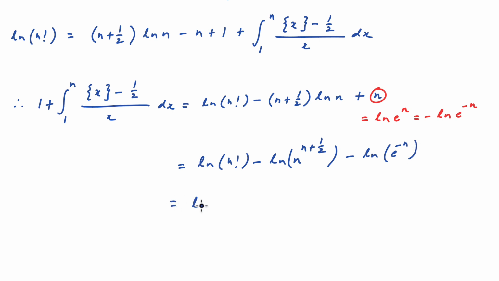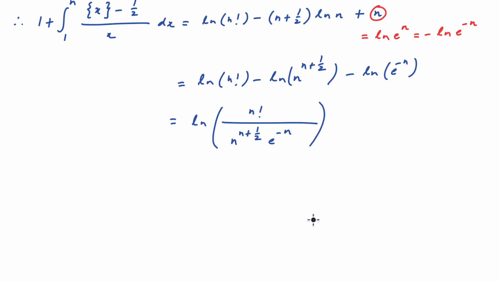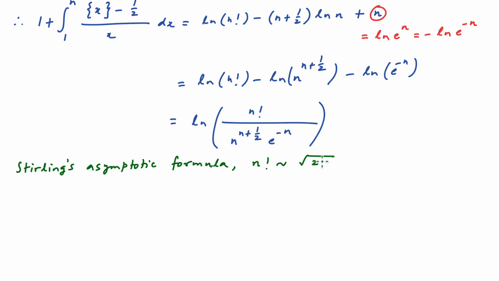which, using properties of logarithms again, is equal to ln of n factorial divided by n raised to the power n plus half times e raised to the power minus n. Now at this stage, let's recall an important result called Stirling's asymptotic formula, which states that the value of n factorial can be approximated by root 2 pi times n raised to the power n plus half times e raised to the power minus n.